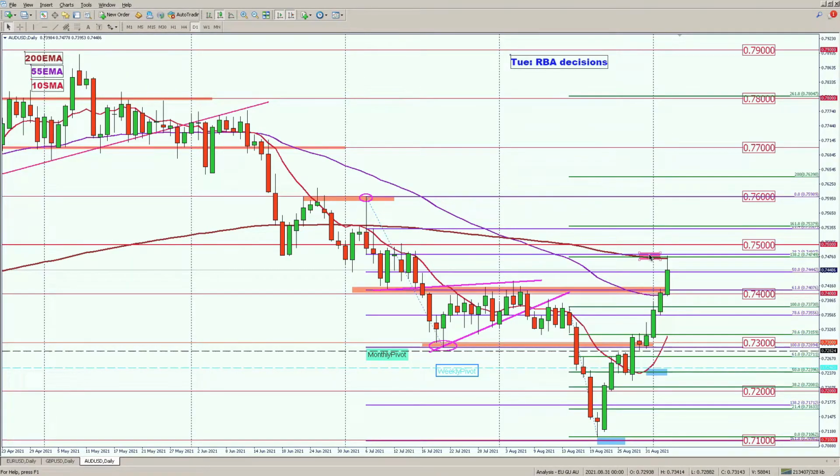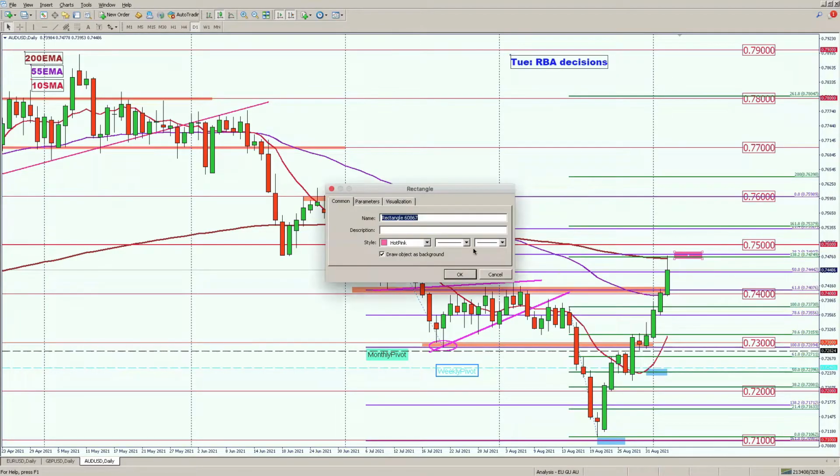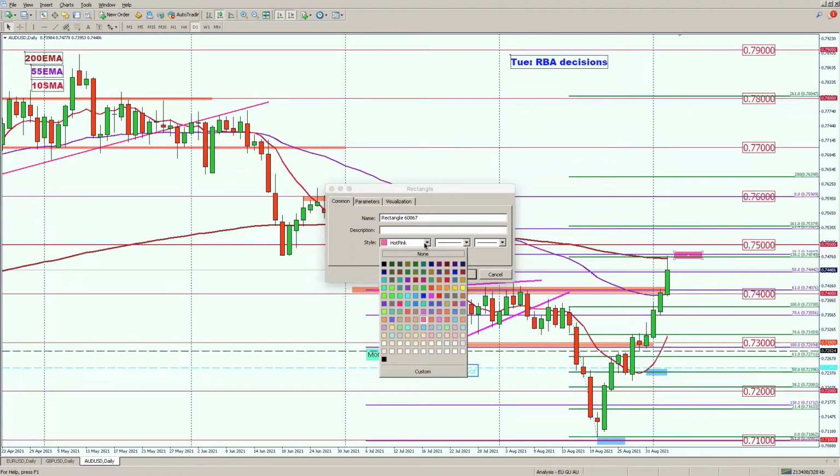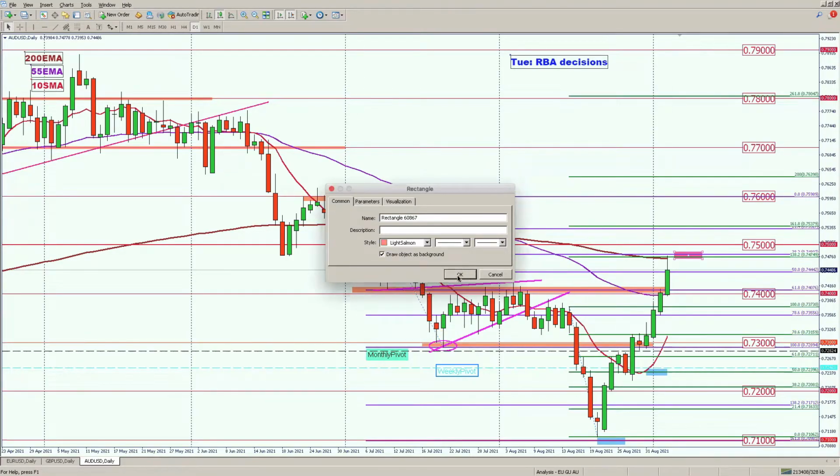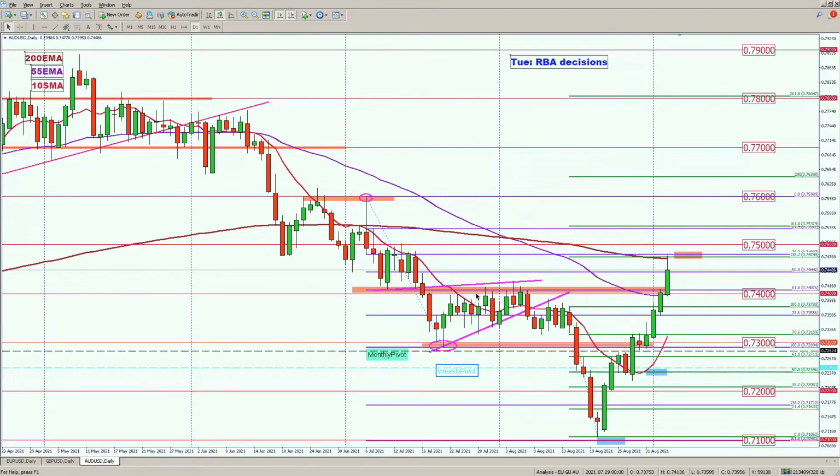So this previously was the one that we identified last week as a potential target for the Aussie dollar, and it has hit that zone. And it blasted through the daily 55 at the 0.7400.